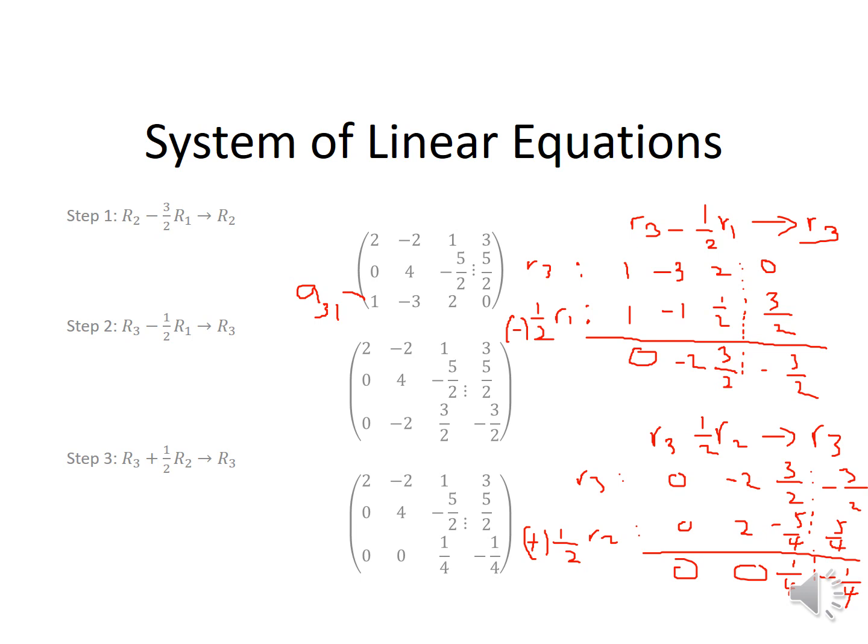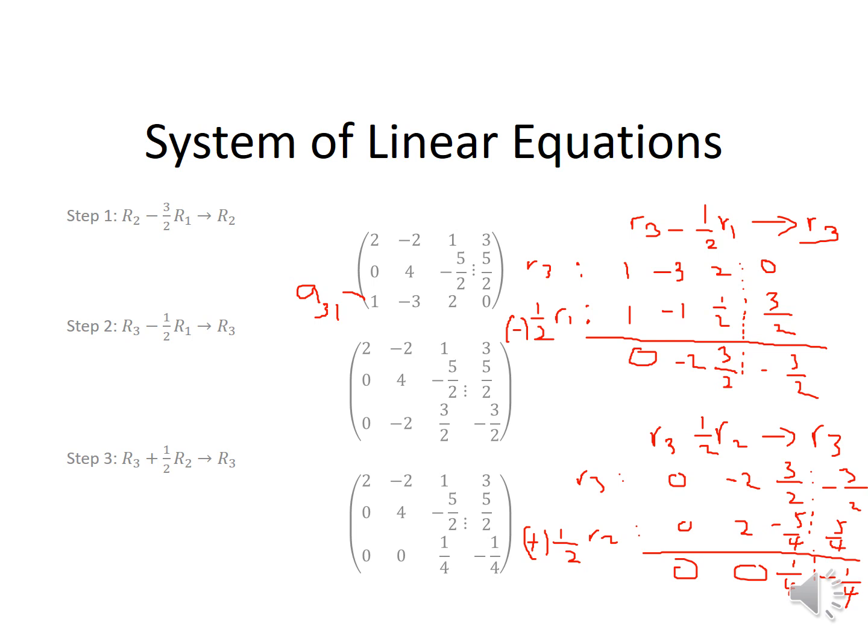So the first equation is 1 over 4 z equal to negative 1 over 4. The second equation is 4y minus 5 over 2 z equal to 5 over 2. And the last equation, 2x minus 2y plus z equal to 3.